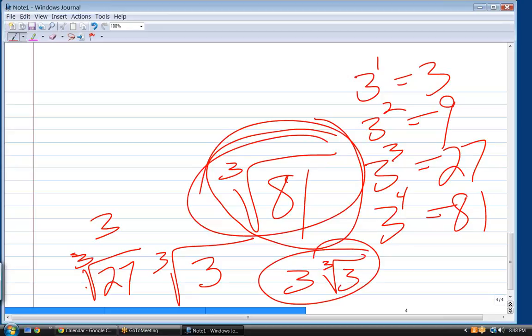Okay. And so you have to look for a factor that can be simplified. You have to look for perfect cube numbers. Perfect cubes. Or if it's the fourth root of something, then you have to look for perfect fourths. But like I said, your answer is always going to lie in the numbers 2 and 3, or 4 at the worst case.